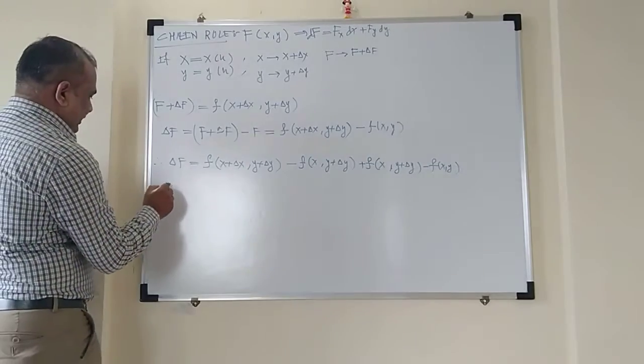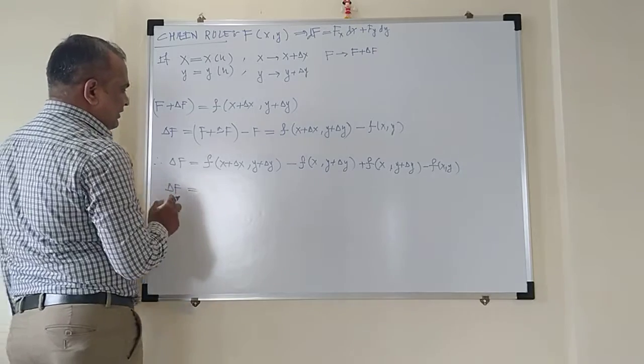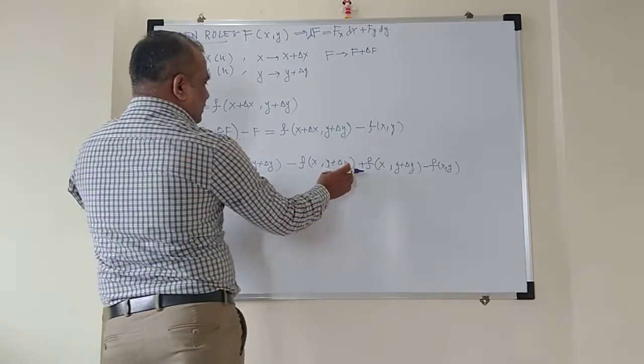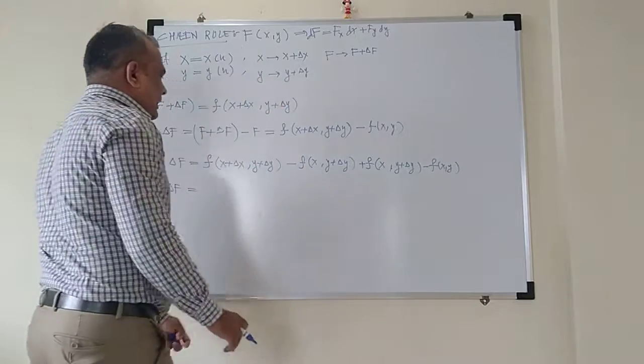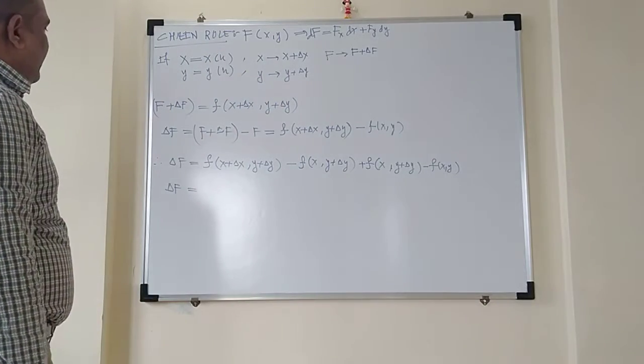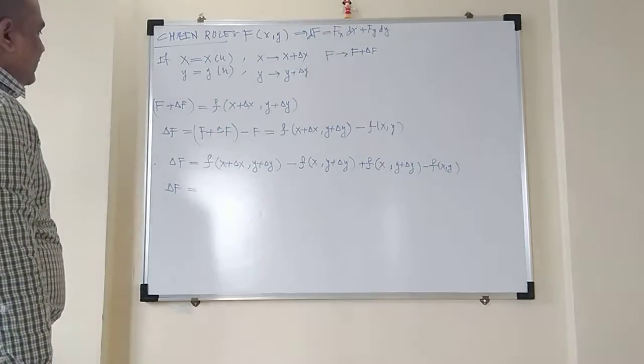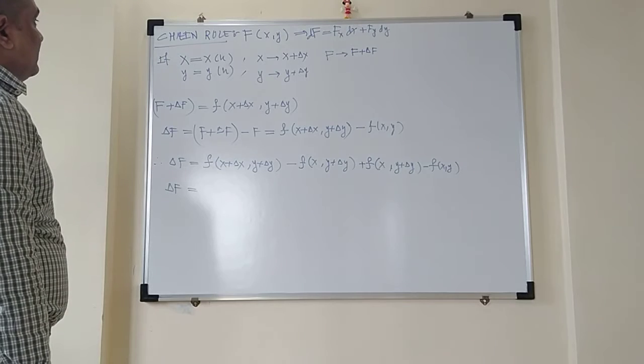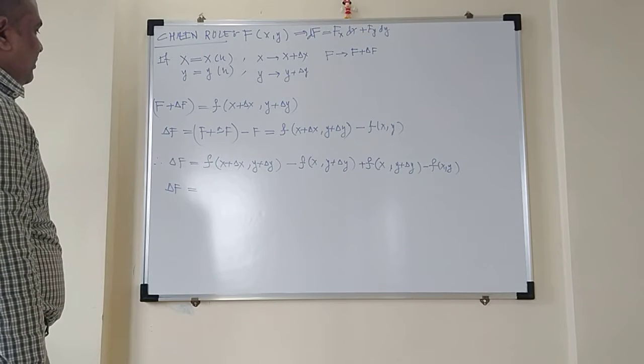Now in the next step I will get this delta f equals, let me club these two terms and these two terms separately and divide by something, so that I will get the differential term.